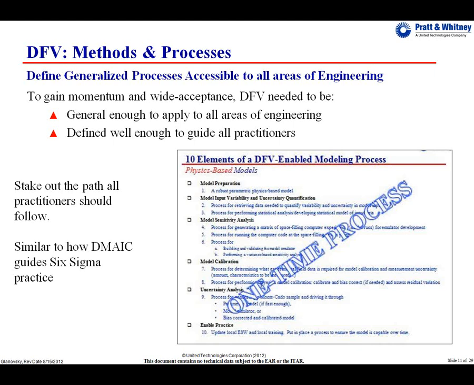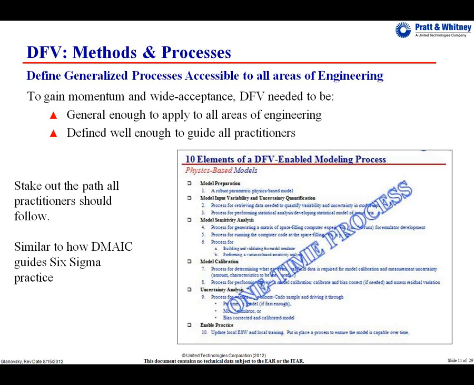It was going to be general enough that it would apply equally to every area of engineering, whether someone was designing bearings or designing turbine blades or analyzing data out of field engines. But it was also going to be defined well enough so that there really wouldn't be ambiguity about what we were asking them to do. It took a lot of iteration, but within a year or so, we got it nailed down to 10 steps.